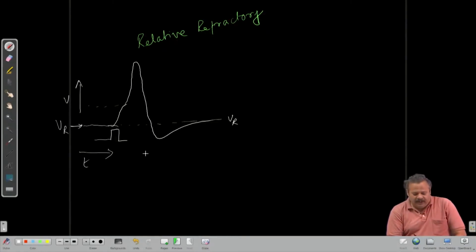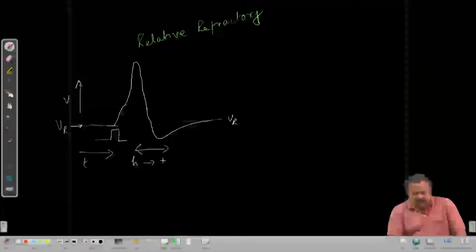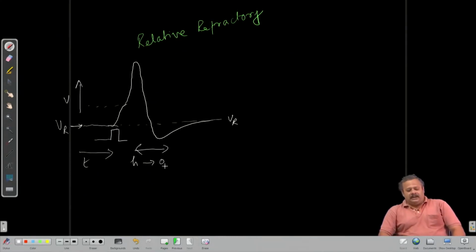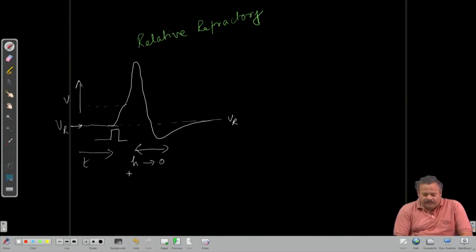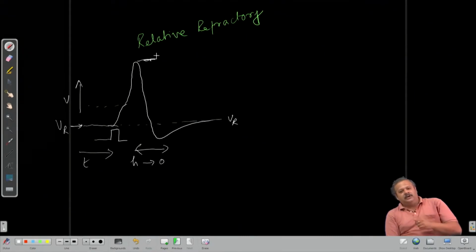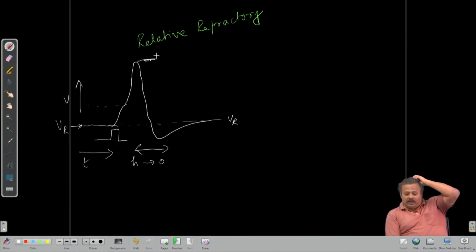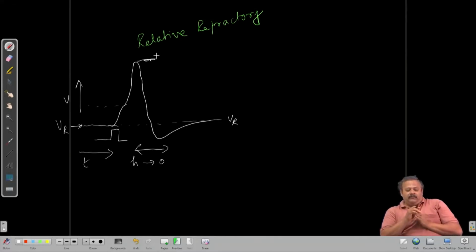So the period in this intervening period where H has gone on to 0, that is, the sodium channels are inactivated. So remember, when the voltage goes up high here, H time constant also reduces from the tau H V curve, and also the value of H at the high voltages goes towards 0.